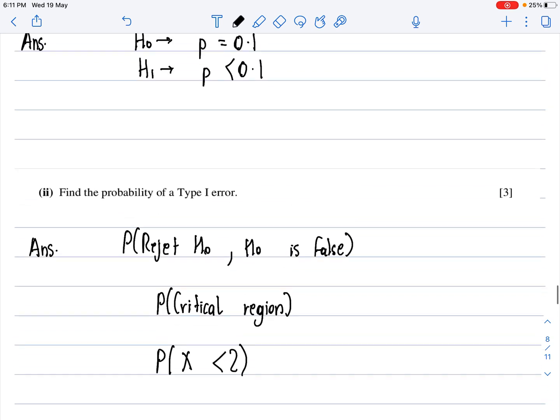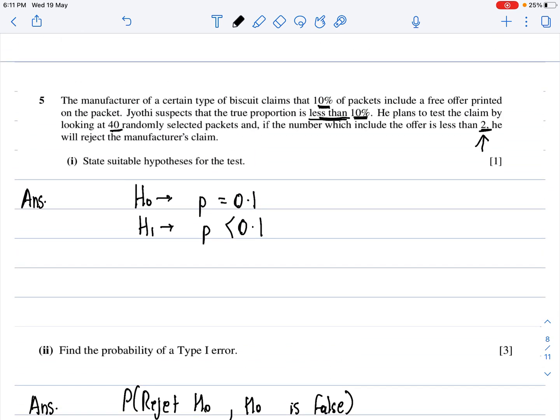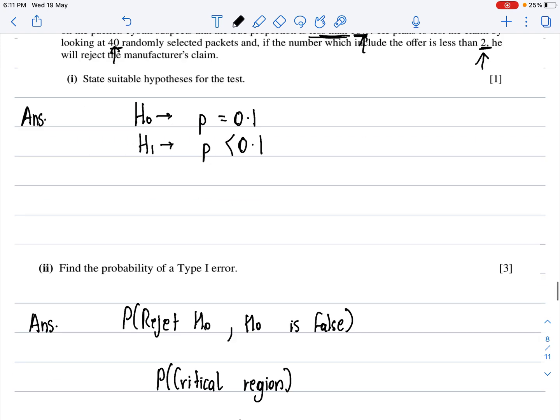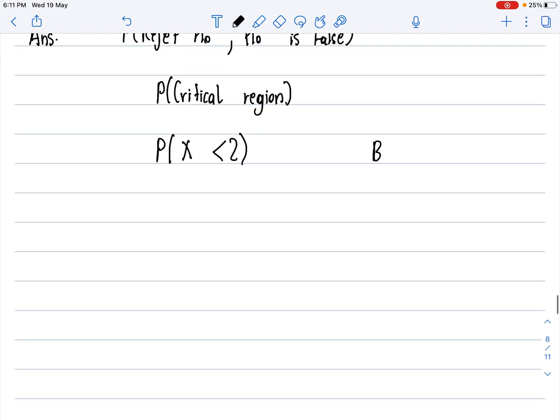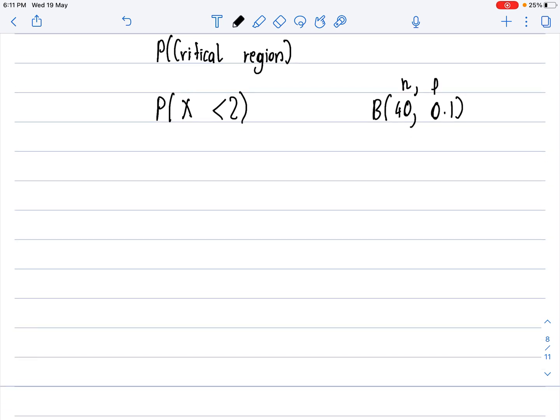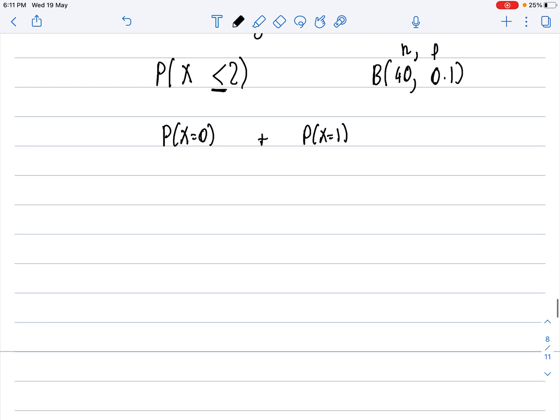Now you have 40 here and 0.1 here, so you have a binomial with n comma p of 40 comma 0.1. Because I need less than 2, I need the probability of x equals 0 plus the probability of x equals 1. That means it's less than 2, correct?